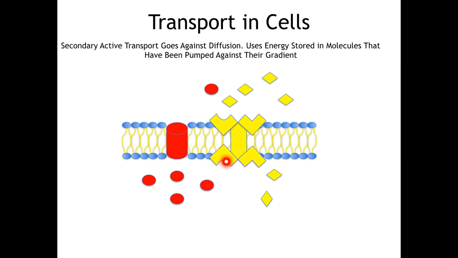They can utilize this symporter to get back across. But we know that the symporter can only move things in pairs. So if the diffusion gradient is high enough, we've stored enough energy in this concentration gradient that they really want to move across, they will have enough energy to take one of these yellow triangles against their concentration gradient. So let's see that happen.